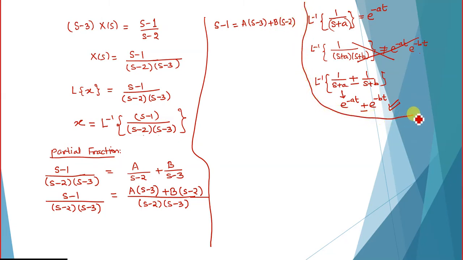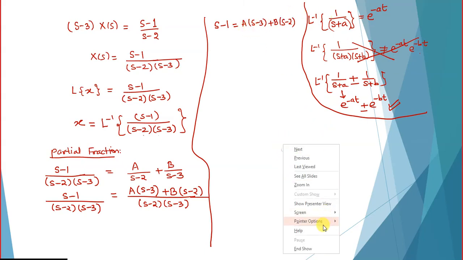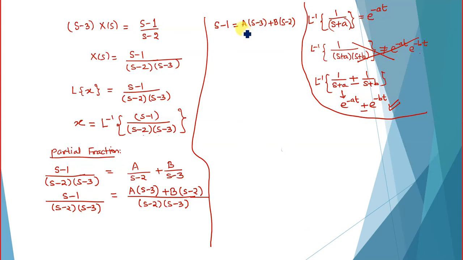Now we have to solve for the values of A and B. As we have two constants, we need to substitute two different values of s. We can use any value, but if we use the values from the denominator of the question, it makes things much easier. So we substitute s minus 2 equal to 0, which gives s equal to 2.